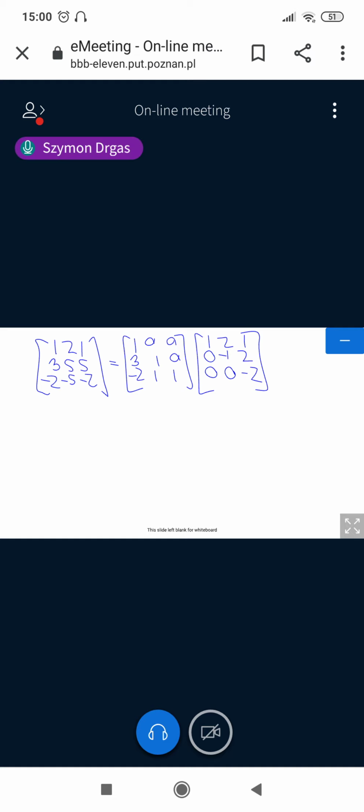Now we can check if we multiply these two matrices, whether we end with this result.